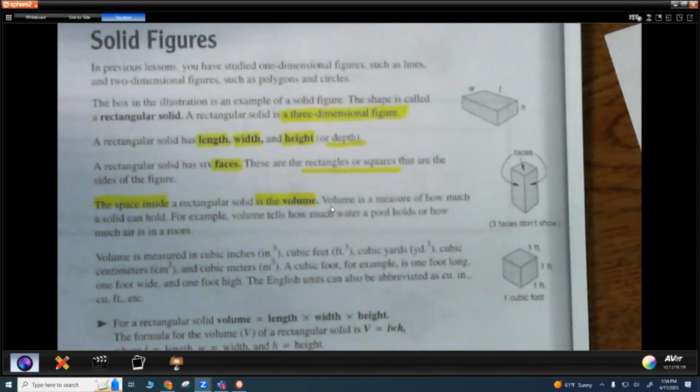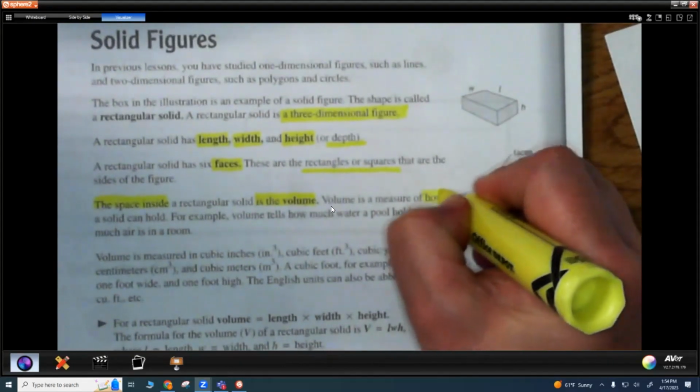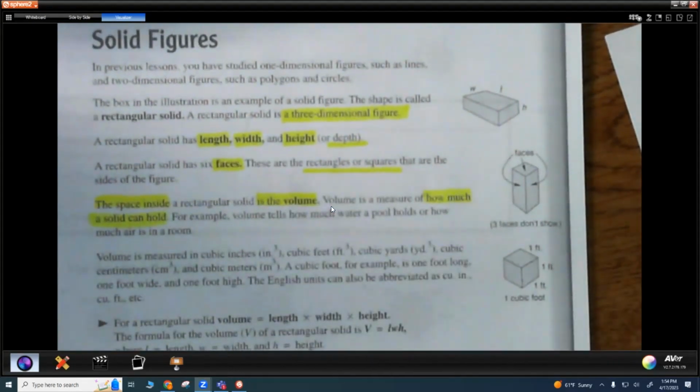Cups, tubs, stadiums, planes, train cars. Volume is a measure of how much a solid can hold. So volume tells how much water a pool holds or how much air is in a room.